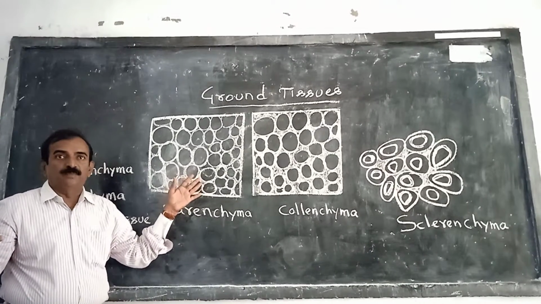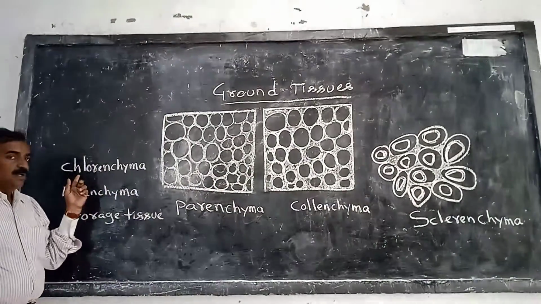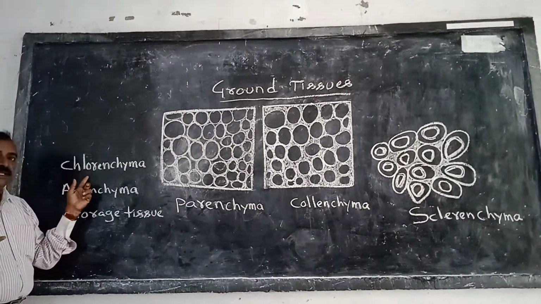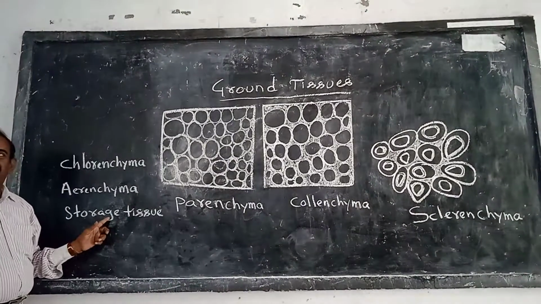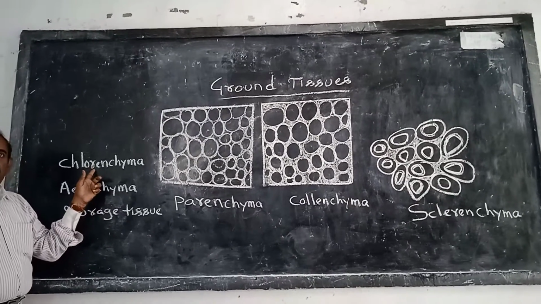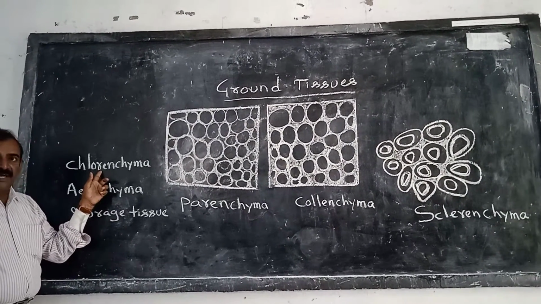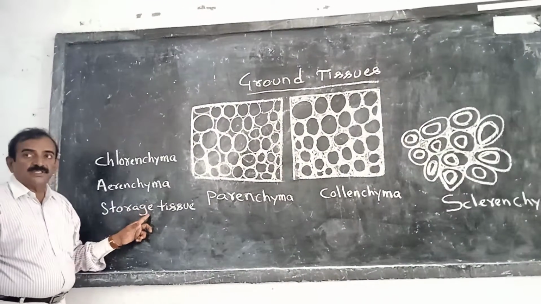And this parenchyma is of three types: chlorenchyma, aerenchyma and storage tissue. Page number 19, diagrams are there. All of you look at the book. Chlorenchyma, 19th page, top, then aerenchyma and storage tissue.